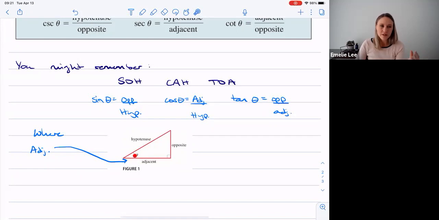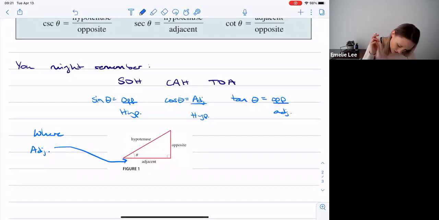We could either be talking about this angle or this angle. But in terms of this angle that we're given here, the side that's opposite the angle is the opposite. The side that's attached to the angle is the adjacent. And the one that's opposite the right angle is always the hypotenuse. The hypotenuse is always going to be the longest.